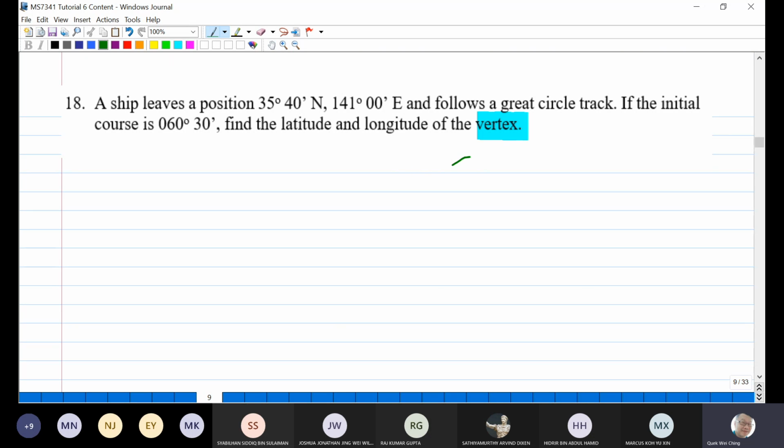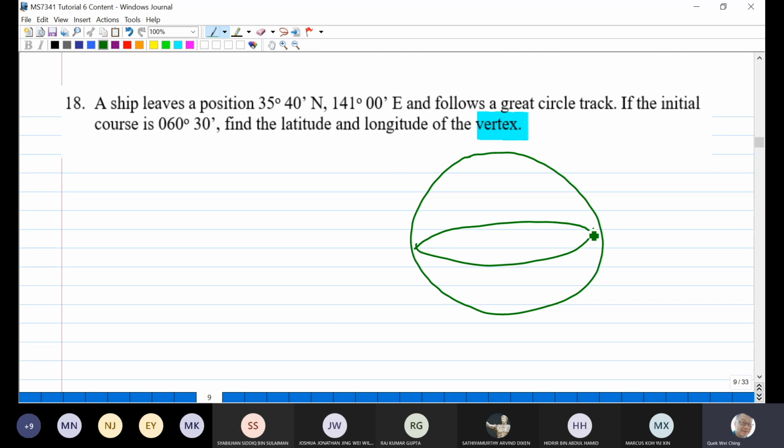This is the Earth, the equator. Let's call this point A. This is the North Pole here.